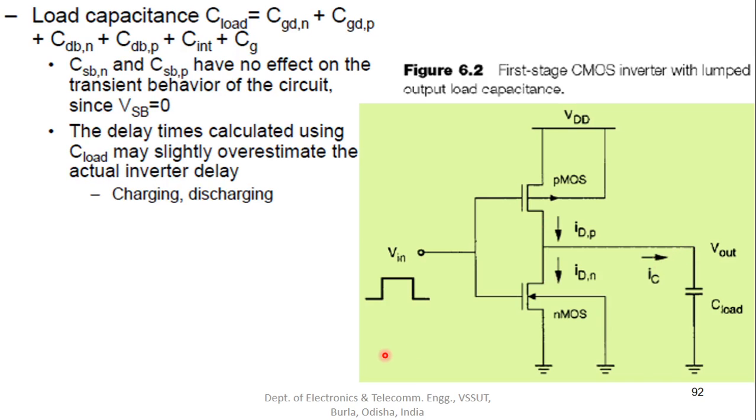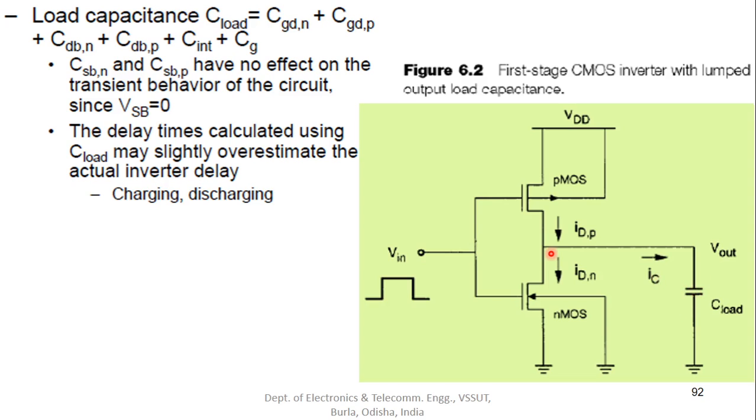Remember one more thing: since there is an output load capacitance connected at the output terminal, the output will be assumed to be high when this capacitance gets charged up. This happens when it is connected to the power supply via this PMOS, that is, when the PMOS is conducting, it provides a conducting resistive path between the power supply and the load capacitance, and this will charge up the load capacitance.